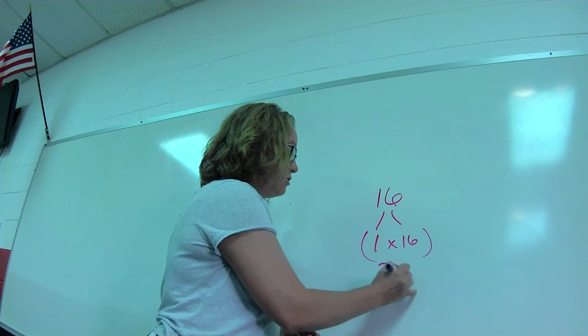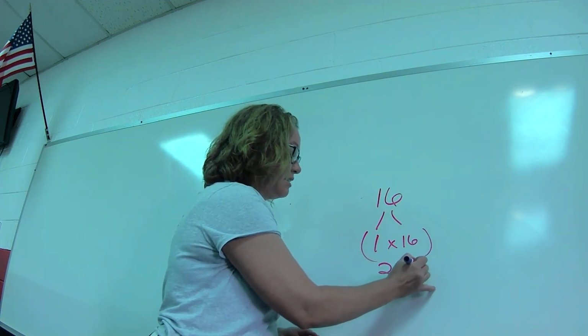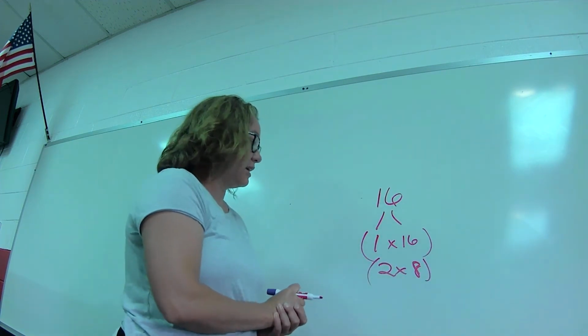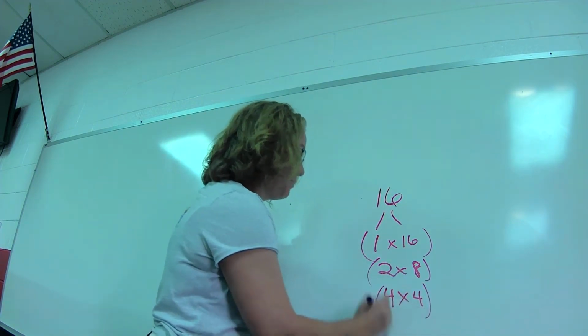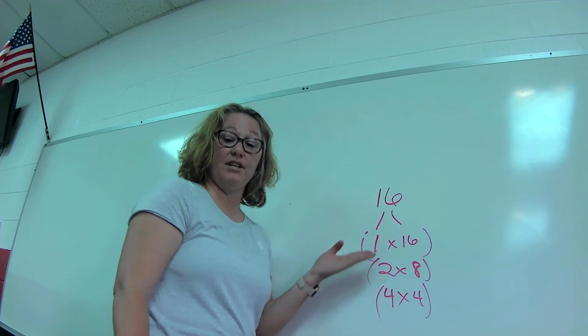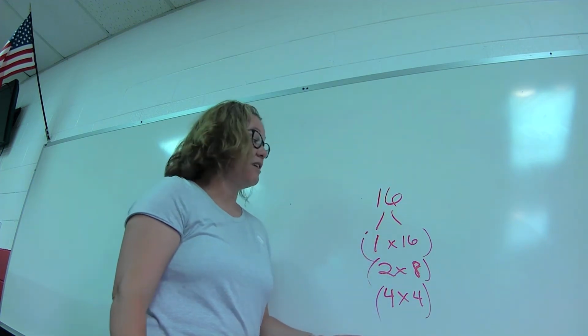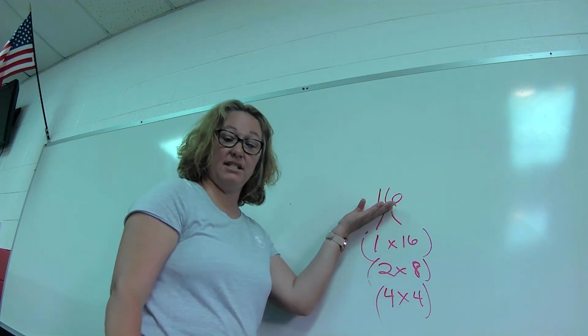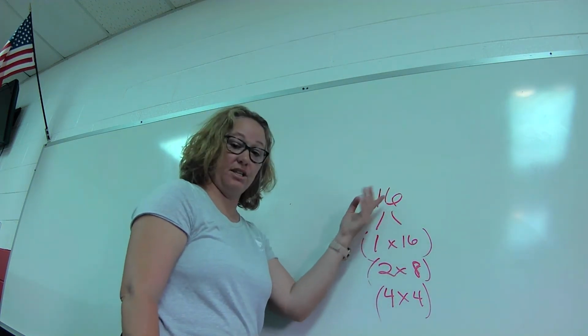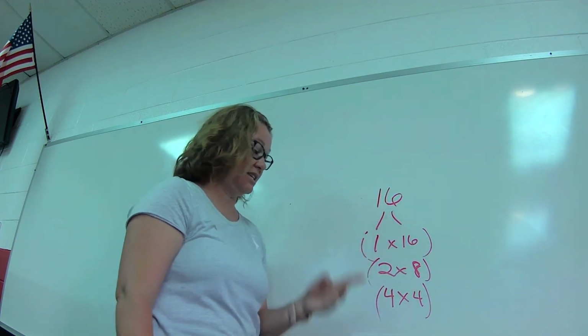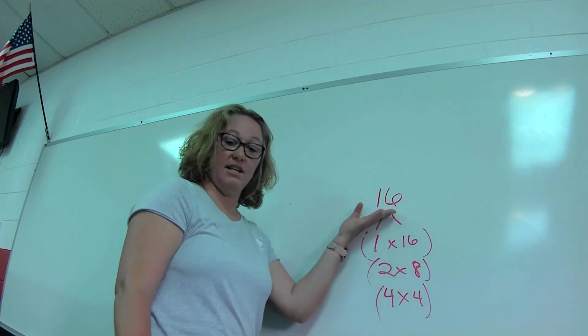You can do 2 times 8, and then you have 4 times 4. Now we could take any of these factor pairs and find the prime factors of 16. Remember, a pair is 2. So 1 times 16 equals 16. 2 times 8 is 16. 4 times 4 is 16.